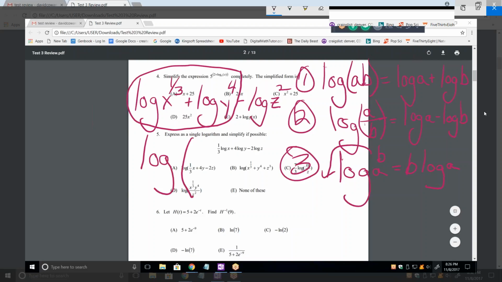So the numerator becomes x to the 1/3 times y to the 4th. There is a denominator because that is being subtracted. Notice rule 2. When it's being subtracted, you divide. So we want to divide everything by z squared. And that's our answer.